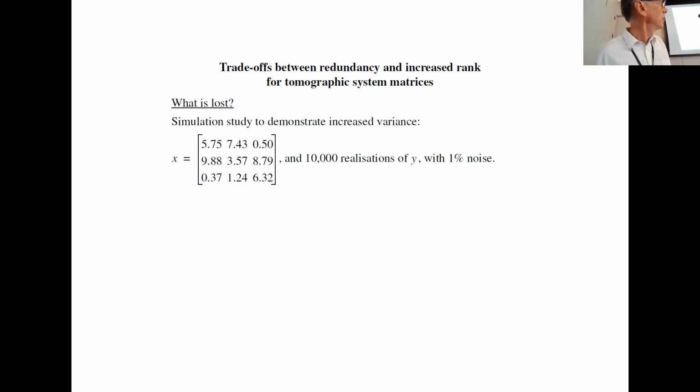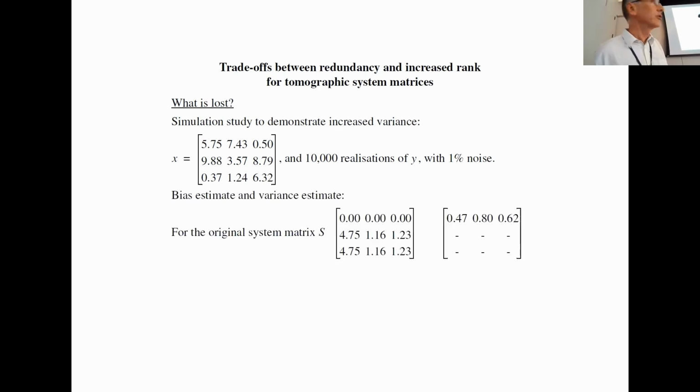So here's the bias and variance of those 10,000 reconstructions. If you look, of course, the top row is full of zeros. What that means is that the bias was zero. We accurately reconstructed the top row, on average 5.75, 7.43, 0.50. The reconstructions always averaged extremely close to that. So the bias was zero. And the other 6 elements, the second and third rows, were far away from the true values.